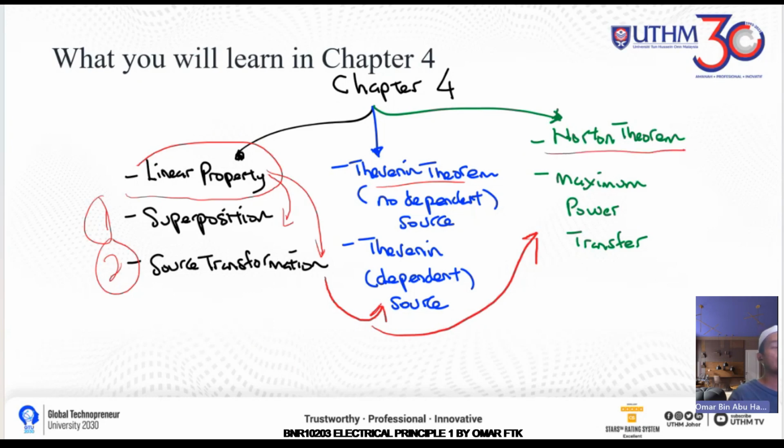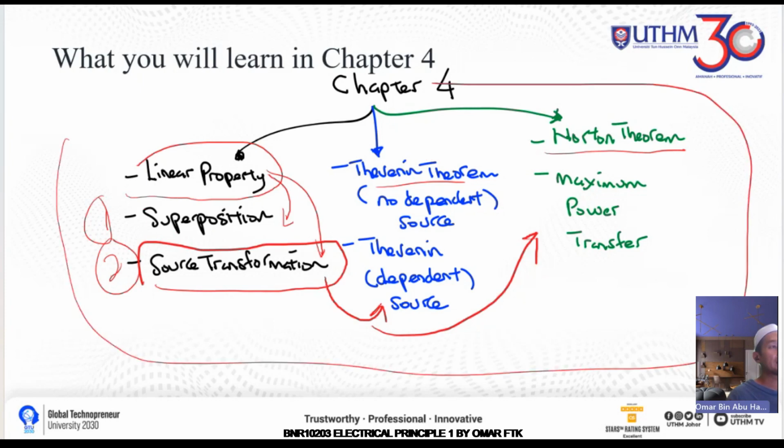Maybe you have probably never heard of them. Source transformation is a basis for the Norton theorem and the Thevenin theorem, and all of this is similar to chapter 3 in that it will help you to simplify the circuit. The previous chapter, method of analysis, helps you do the analysis, right?